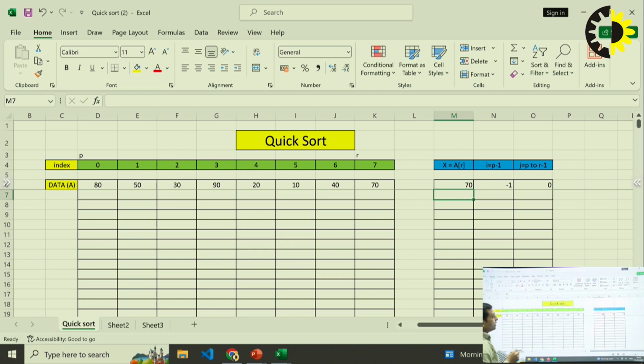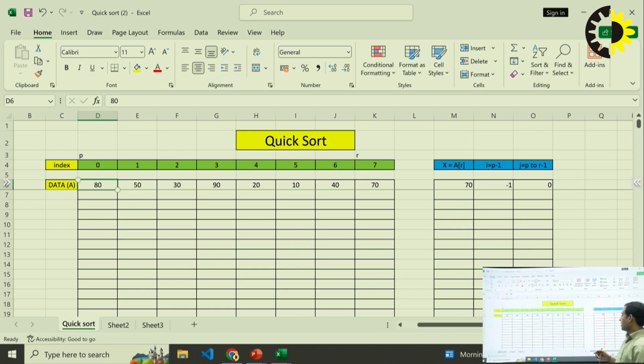Just see whether the element at the position indicated by J is less than or greater than the element X. If the element is greater, then proceed further, increment J. If the element indicated by J is less, then two steps: listen, increment I, then swap the elements at positions indicated by I and J.